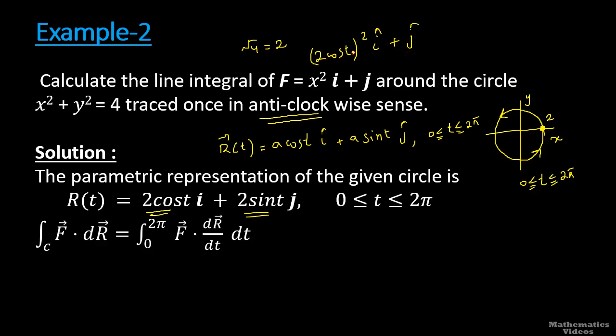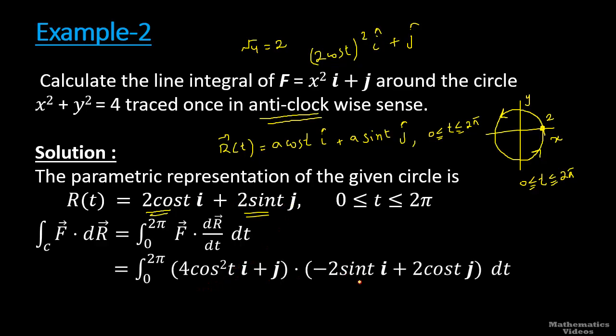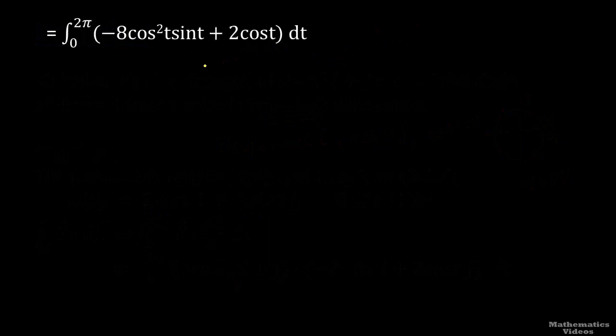So this is just 4 times cos square t i unit vector. We also need dr by dt, which is equal to 2 times minus sin t i unit vector, that is minus 2 sin t i unit vector plus 2 times cos t j unit vector. Very simple. So put these values down here and take the dot product. By taking the dot product we get this result.